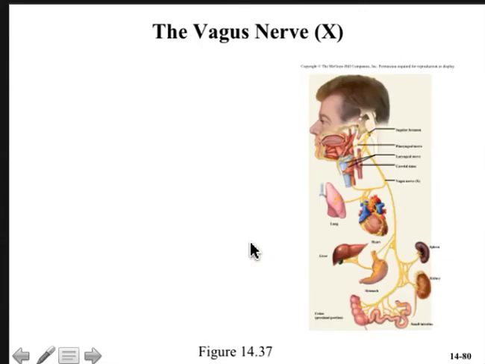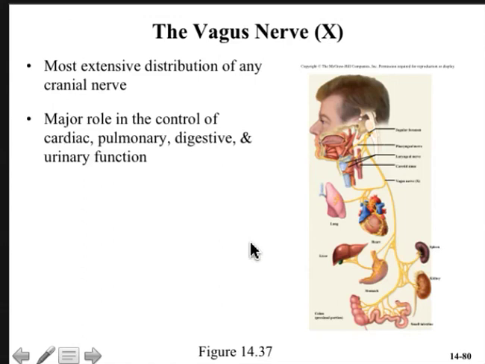Okay, the vagus nerve. The vagus nerve is an unusual nerve in that it innervates organs distant from the cranial and cervical area. It's the most extensive distribution of any cranial nerve. It has a major role in the control of cardiac, pulmonary, digestive, and urinary function.